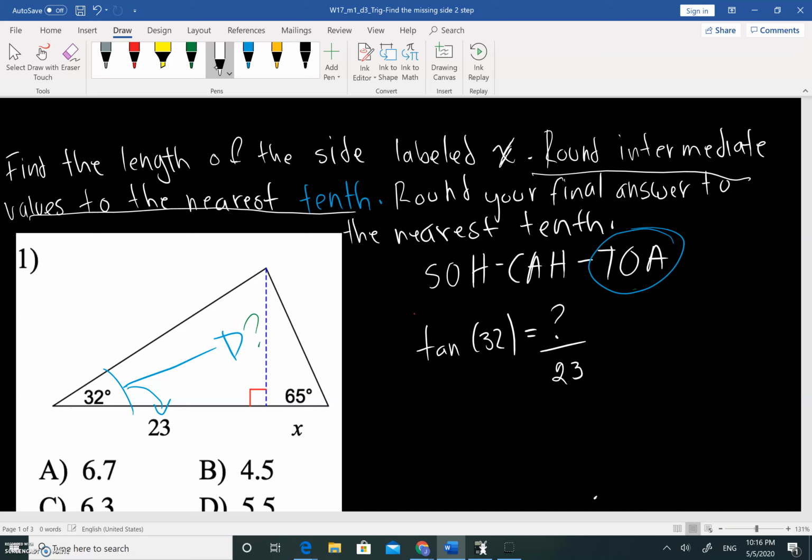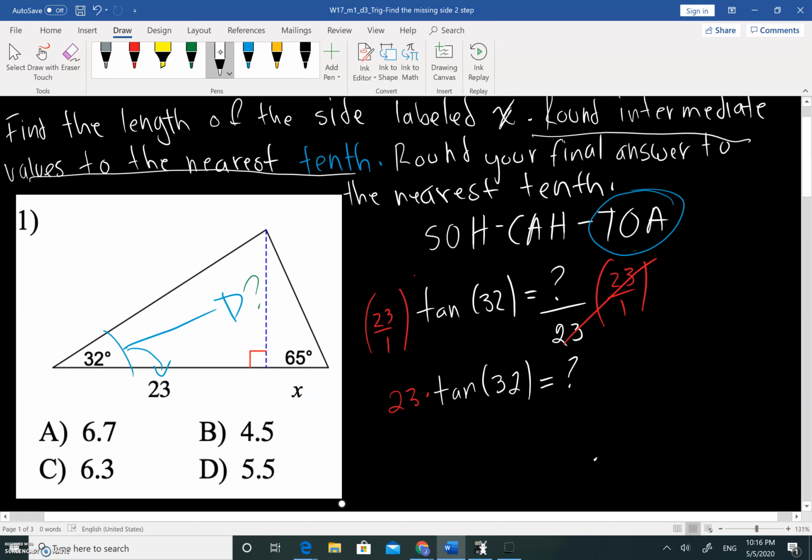And now, how do you get rid of the 23 in the bottom? Well, you go ahead and multiply both sides by 23, or 23 over 1, which is the same thing. These two are going to cancel out because 23 divided by 23 is 1. So we have 23 times tangent of 32 is the length of the missing side, the length of the question mark.